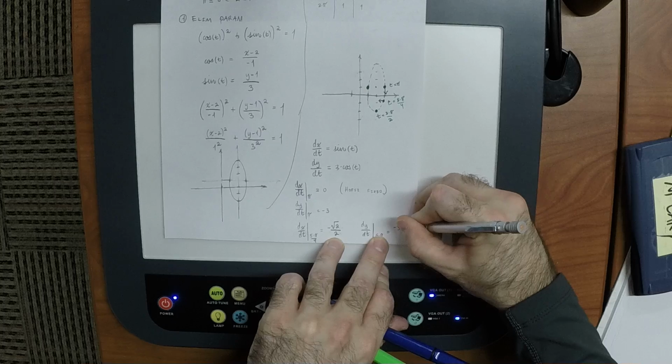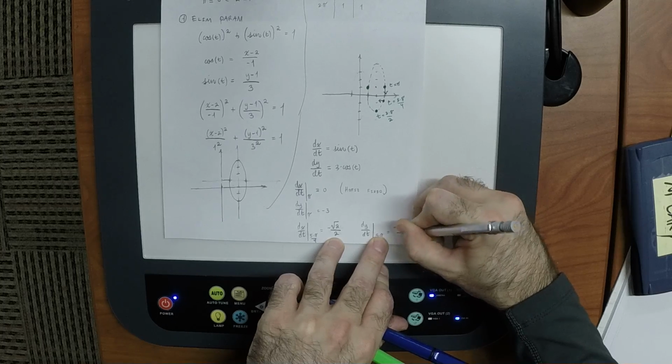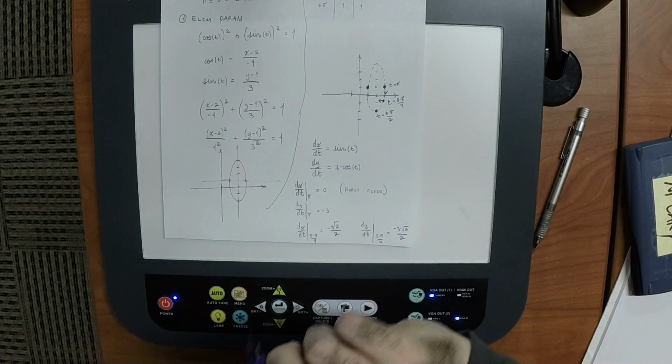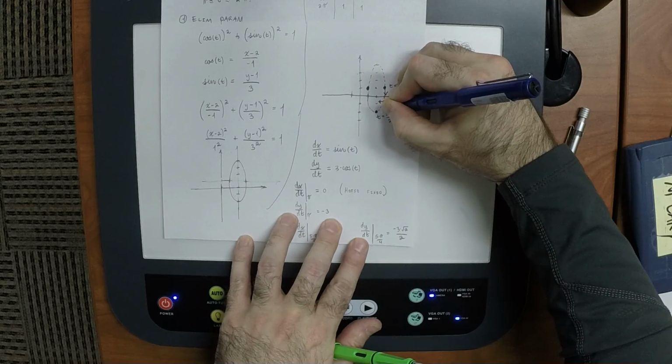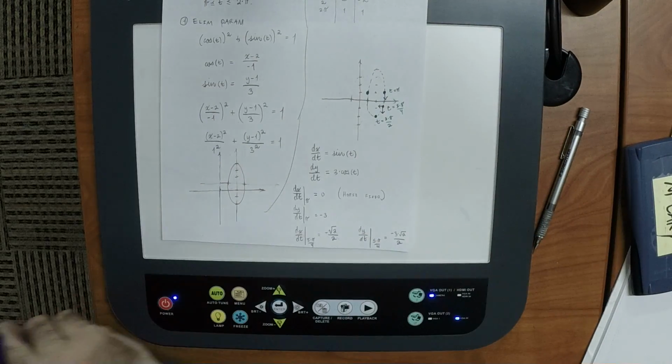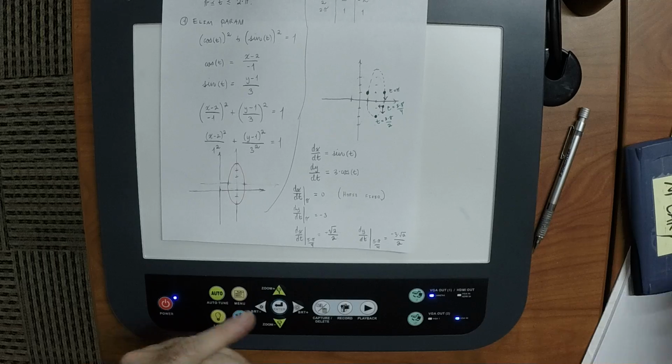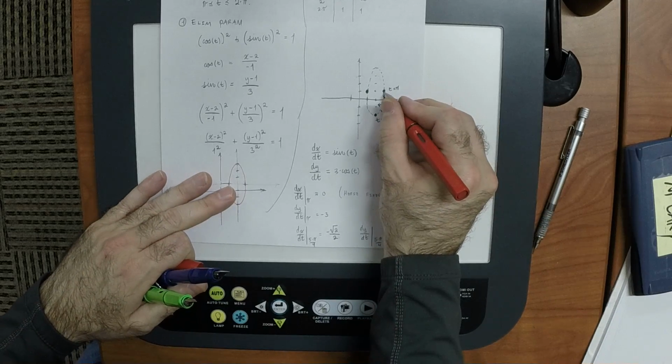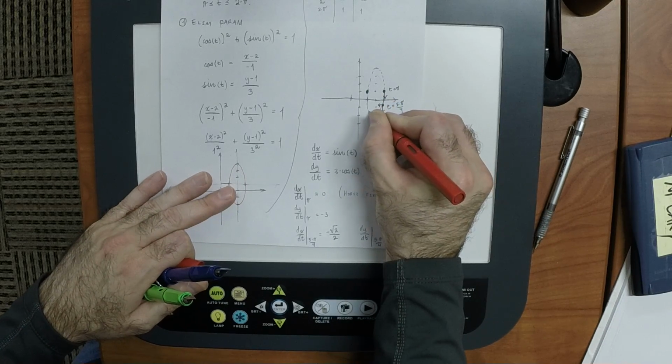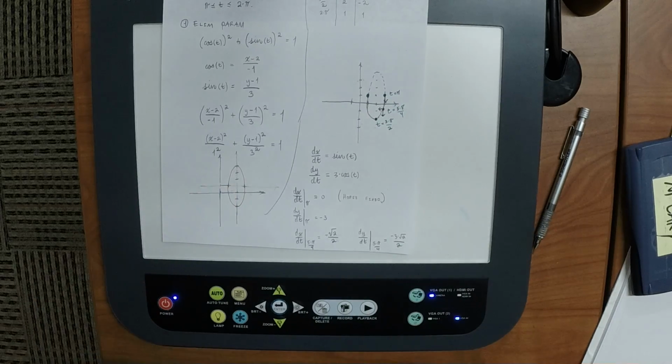Negative 3 square root 2 over 2, which is negative, so we must be going down. So that's telling you, yes, the tracing direction is definitely clockwise. So can you see it? The derivative is informing you of that information. Good. So let's move on to something else.